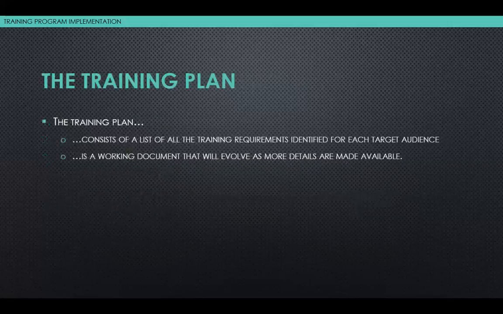Okay, so next step would be to create the training plan. The training plan would consist of a list of all the training requirements identified for each target audience and is a working document that will evolve as more details become available. I wouldn't assume that you're going to have all the details that you need after the needs assessment.